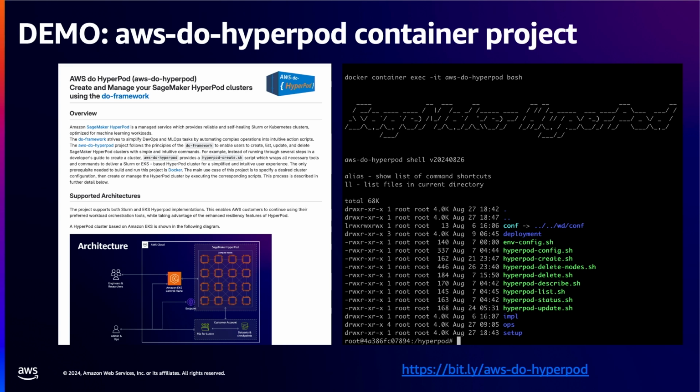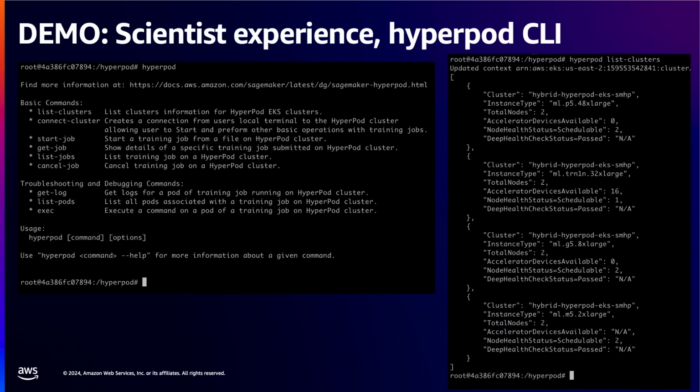And by everything, I mean all tools that we have found useful when interacting with Amazon EKS, as well as SageMaker HyperPod. That includes the HyperPod CLI, which provides scientists' experience. If you type just HyperPod inside that container shell that we just looked at, you'll see the help and the commands that are available are pretty self-explanatory.